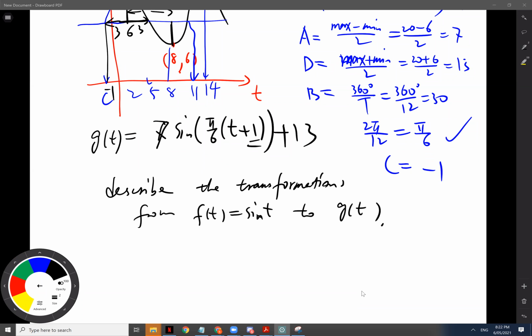These are the transformations. We have both what we call the horizontal translation and the stretch.